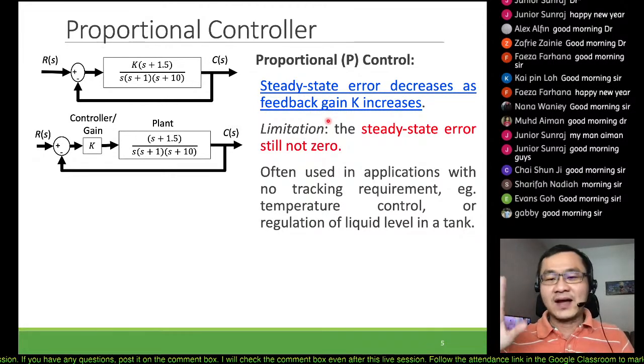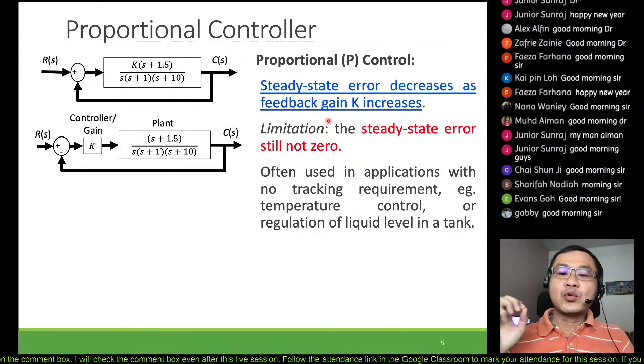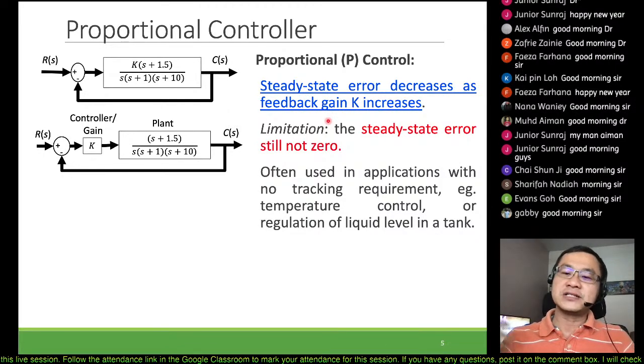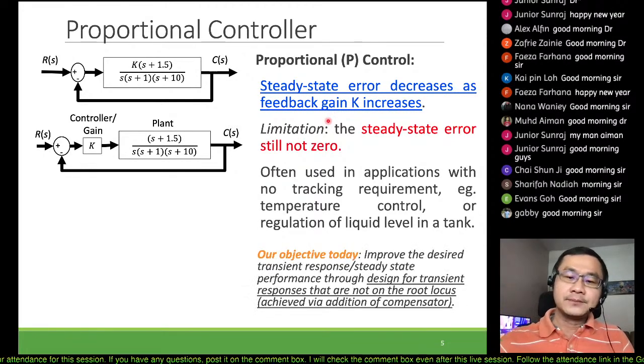then fine, right? But in certain requirements or applications, you may need to have a steady state error equal to zero, or zero steady state error. Then this proportional controller may not be able to actually solve your problem, right?